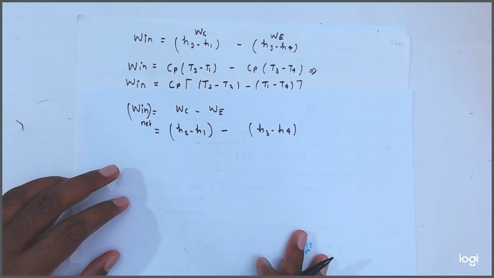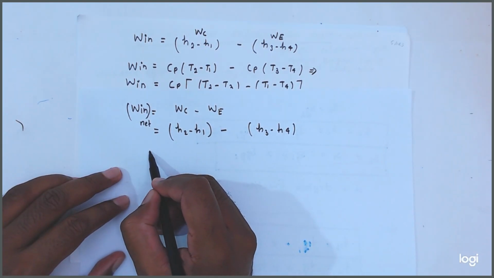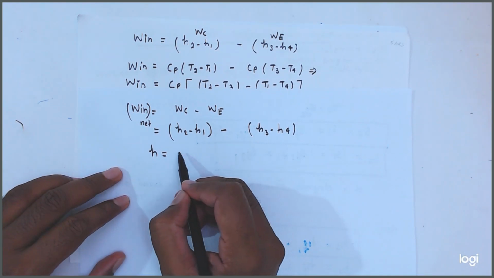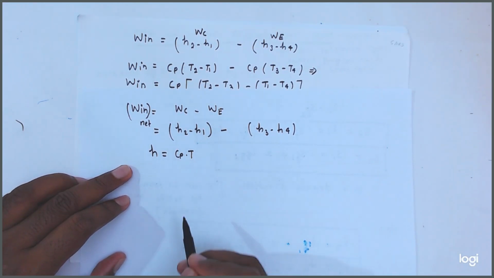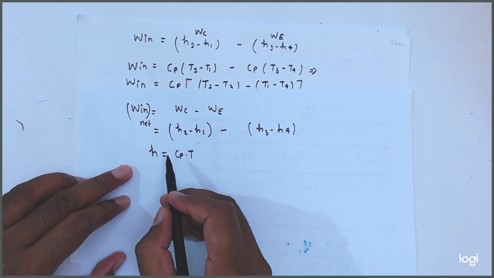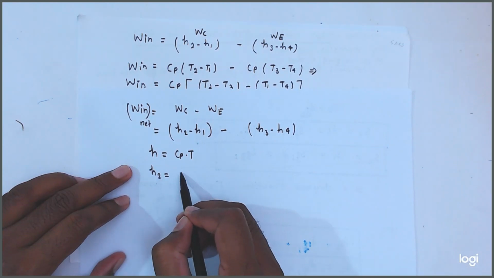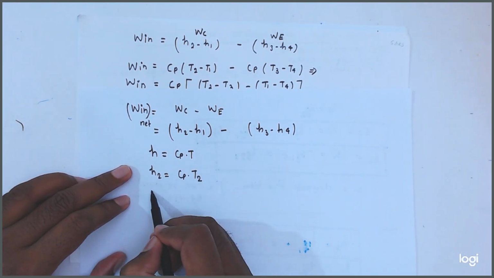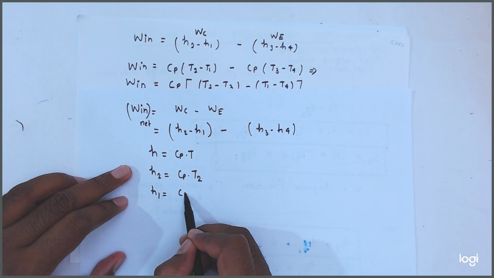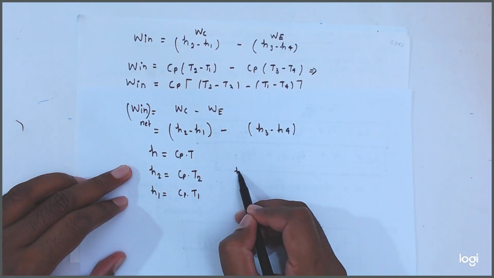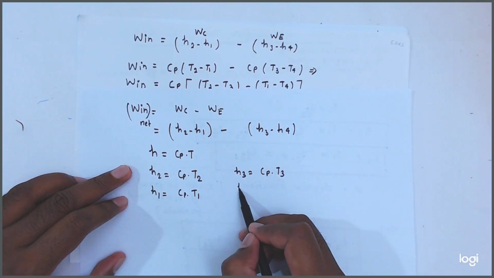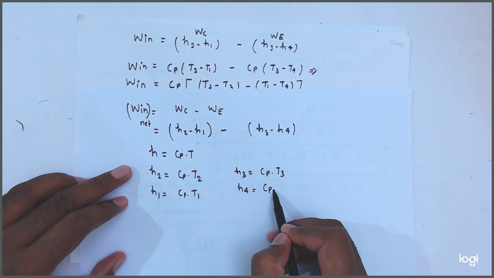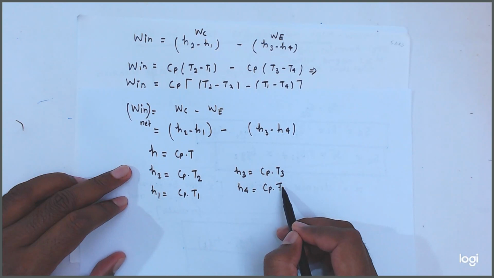But H is a function of temperature, and H equals specific heat at constant pressure into absolute temperature. So H2 is equal to Cp into T2, H1 is equal to Cp into T1, H3 is equal to Cp into T3, and H4 is equal to Cp into T4.